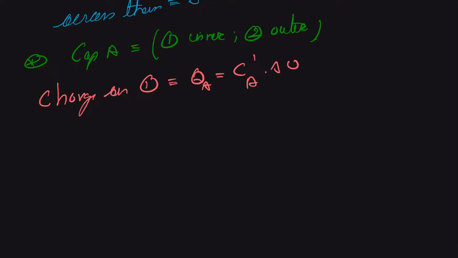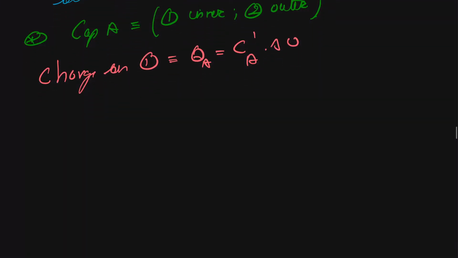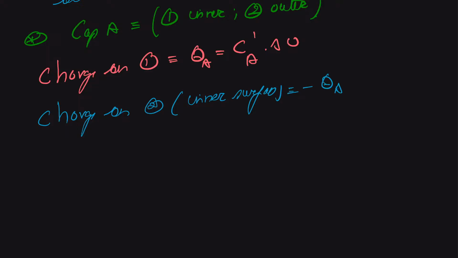And the charge on the inner surface of shell 2 will be equal to minus QA, because we are having QA on shell number 1, so the inner surface of shell number 2 is going to have minus QA.